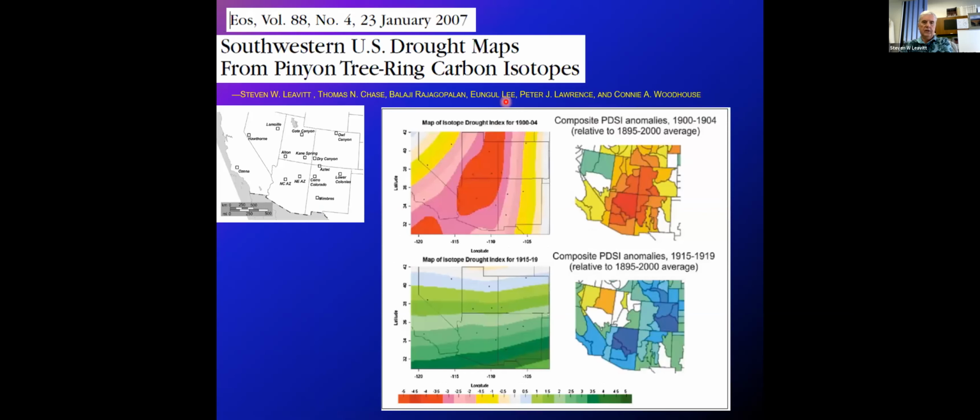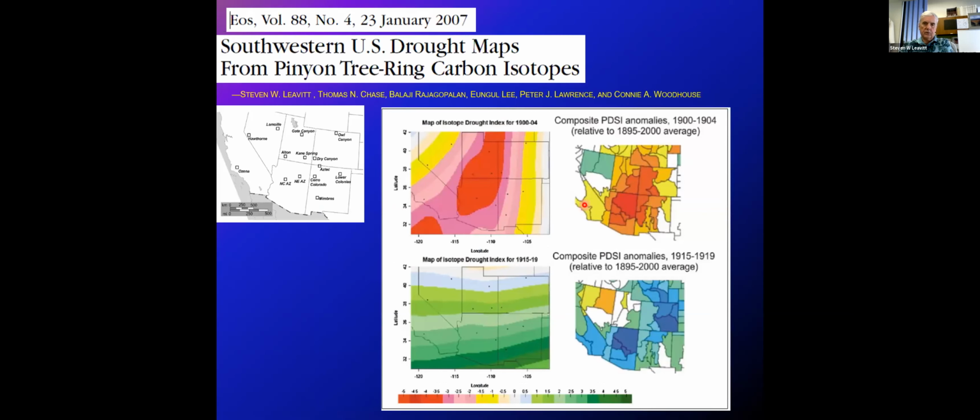So we came up with an isotope drought measure using that. These are isoscapes from that network of sites for 1900 to 04, 1915 to 19. This is Palmer Drought Severity Index, which is a common indicator of drought used particularly in North America.